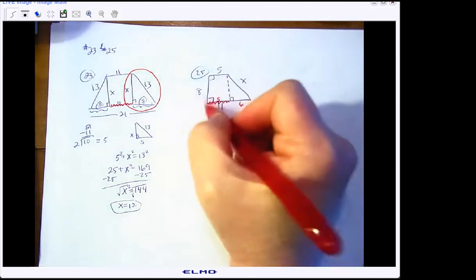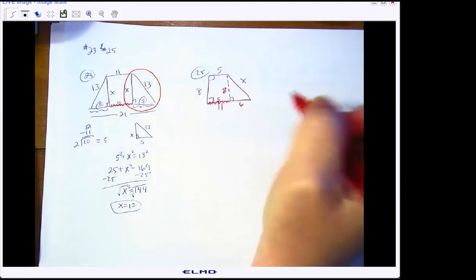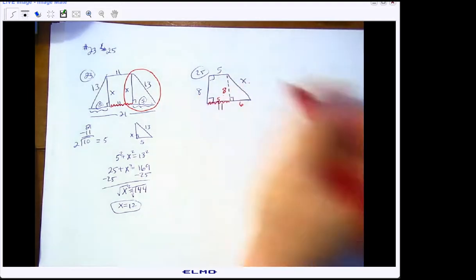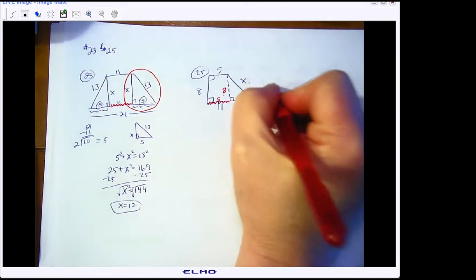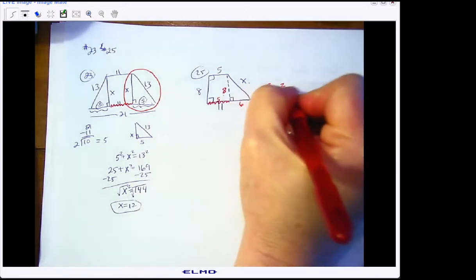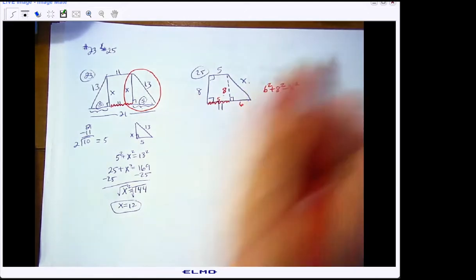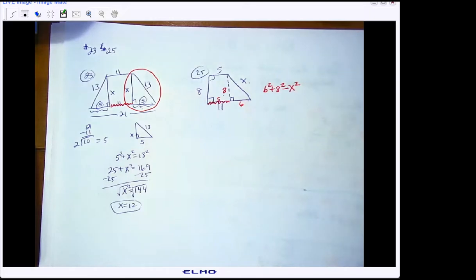This height is the same height as that over there. So we have a 6, an 8, and an x. You would have 6 squared plus 8 squared equals x squared. And I'm going to leave you that to solve because it's an easy one. Okay. And you should get x equals 10.